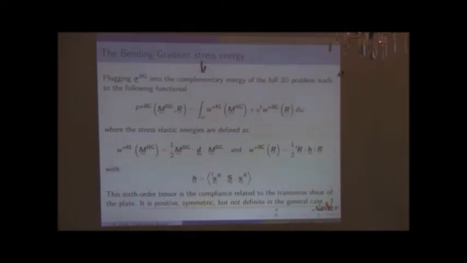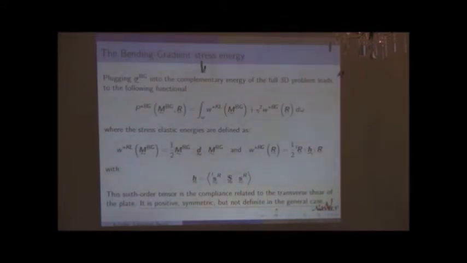There is no coupling between the bending moment and the bending gradient, because we assume that the plate is monoclinic. The local constitutive tensor is monoclinic, so transverse shear is uncoupled from in-plane stress.